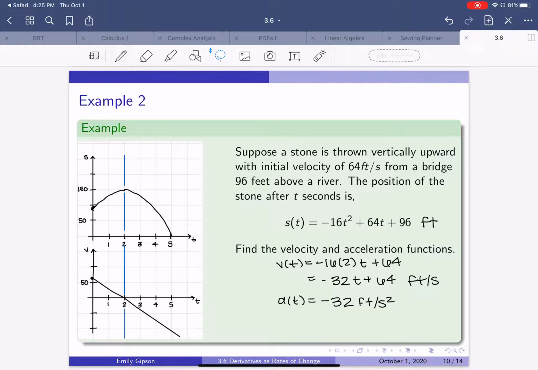And we see that in the velocity diagram as our line crosses the time axis. So as our slope is positive, we are traveling upward. As our slope is negative, we're traveling downward. And our slope is decreasing and then getting increasingly more negative.